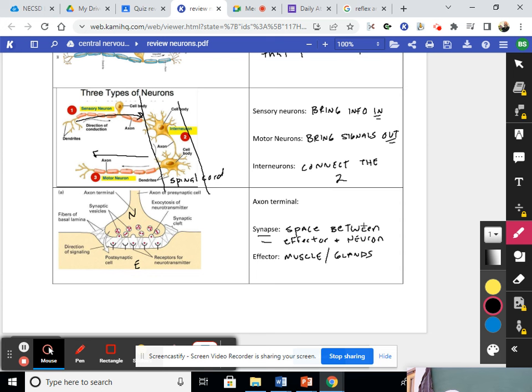The axon terminal, which is this part, releases a chemical. And that chemical is called neurotransmitter. And that signal has to cross that space to activate that effector. And that was really it for part 1.